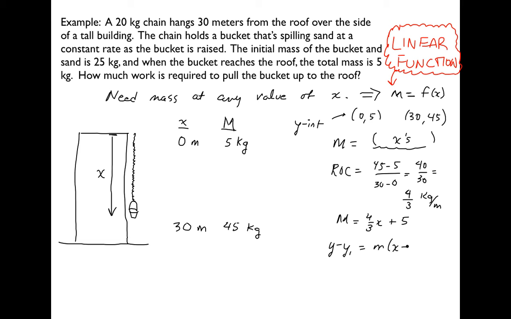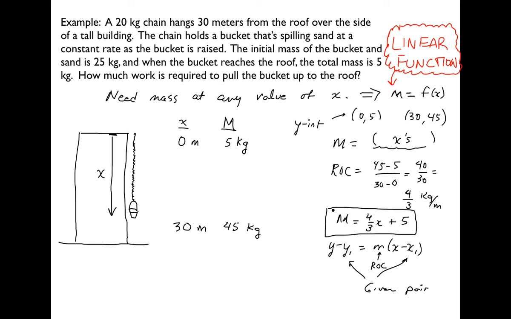Okay, so this works, right? Here's your given pair, and then this is your rate of change. So there's half a dozen ways you can go about getting it, but somehow you have to have a way of getting it.